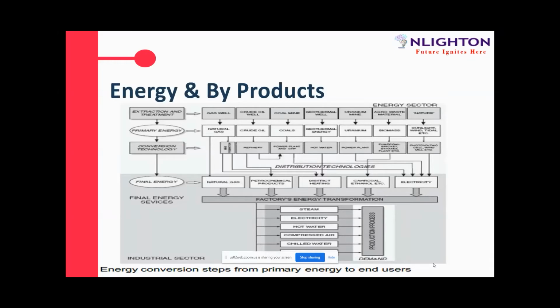So the energy intensity, okay. Here in this diagram, you could see the GDP per capita, the highly productive, moderately productive and low productive countries.